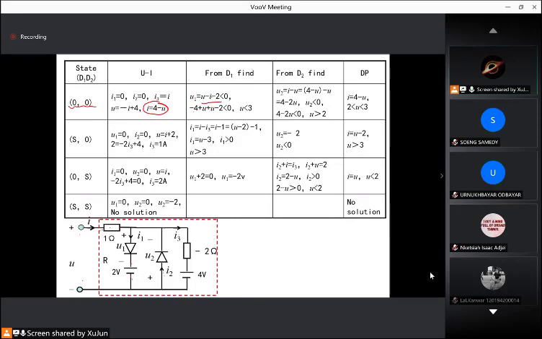We found out this voltage because I equals 4 minus U. I is 4 minus U. So it will be 4 minus 4 plus U minus 2 less than 0. So that means the U less than 3. U less than 3.